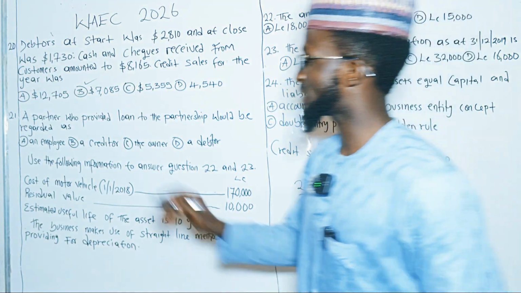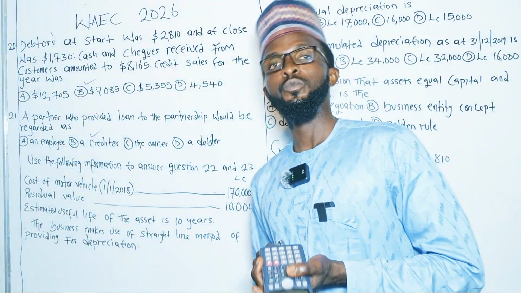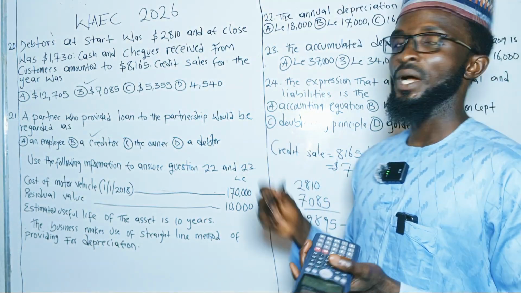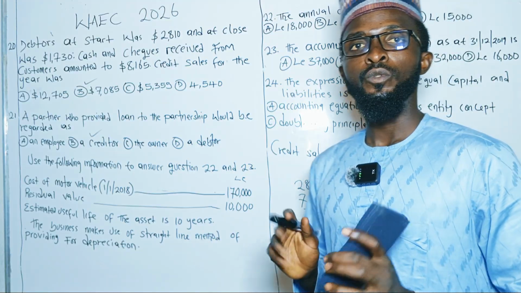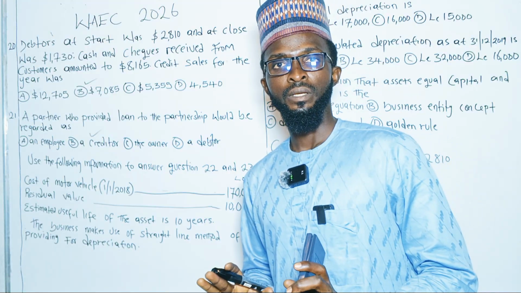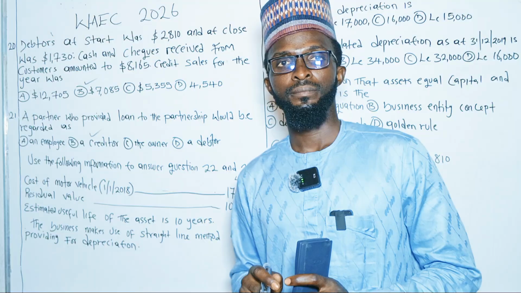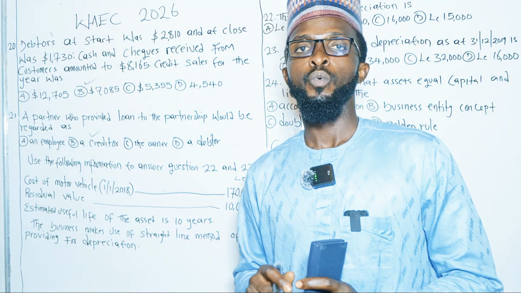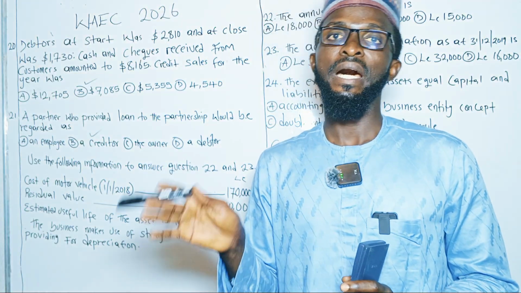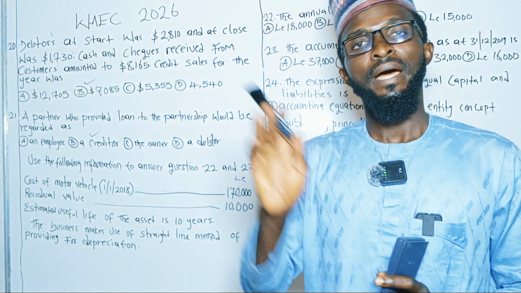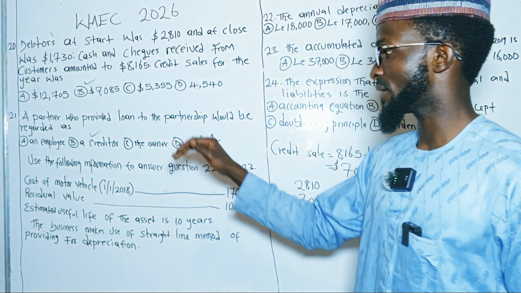The answer actually is a creditor. Let's say, for instance, Musa is a partner in a particular partnership business. After his normal contribution to the business, he can decide to lend money to the business. So once a business owes somebody, that person has automatically become a creditor to the business. So therefore the right answer is a creditor.